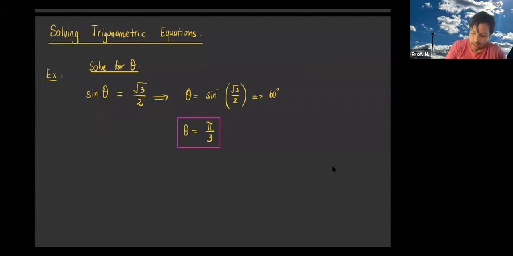I can add another 2 pi, which is 4 pi, and another 2 pi, which is 6 pi. So actually this is going to be 2 pi n, where n is an integer.